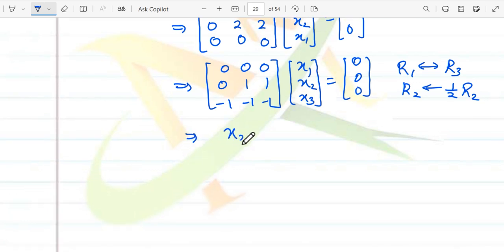This implies x2 plus x3 is equal to 0 and x1 plus x2 plus x3 is equal to 0.